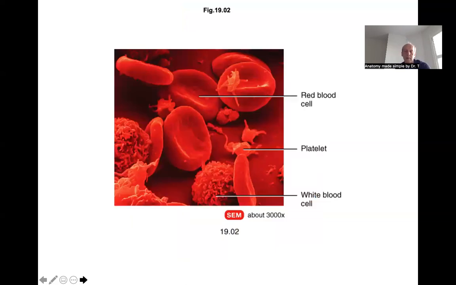Here is a beautiful picture of a sample of blood, which immediately shows multiple red blood cells shaped like biconcave discs, because although they are cells, their major characteristic is that they do not have a nucleus.